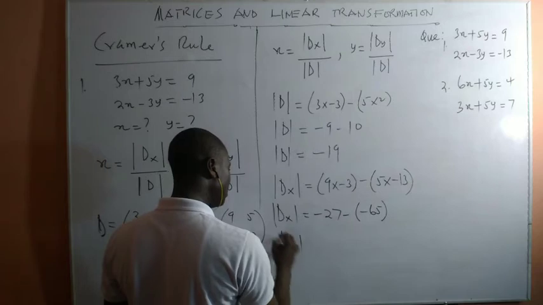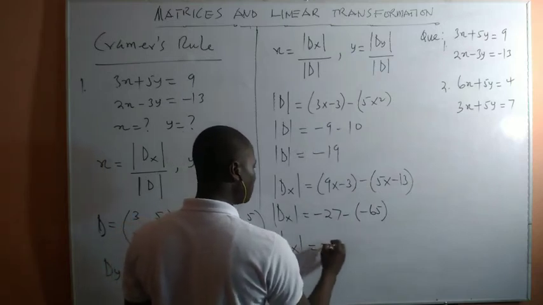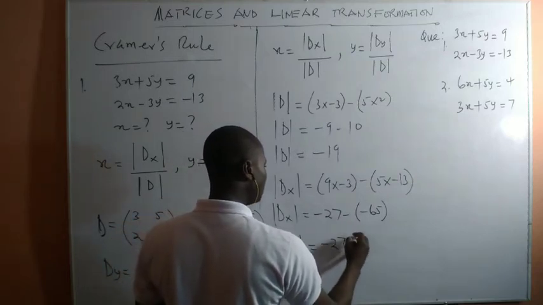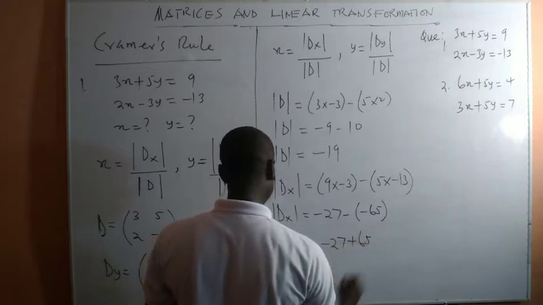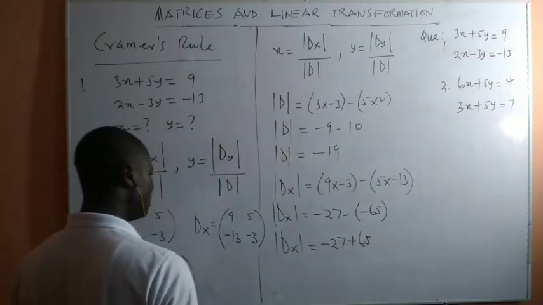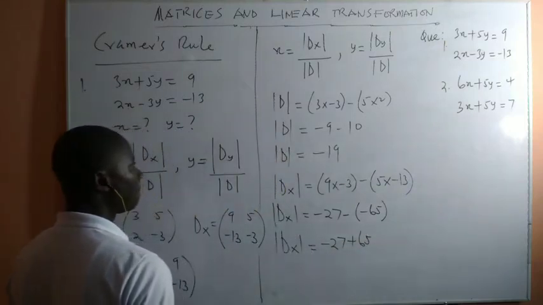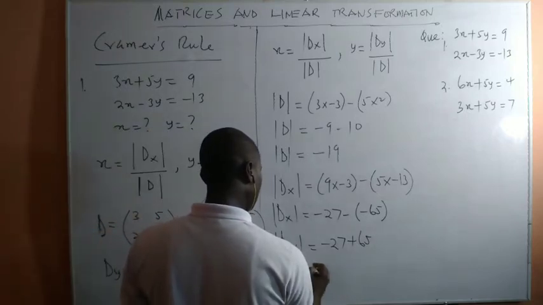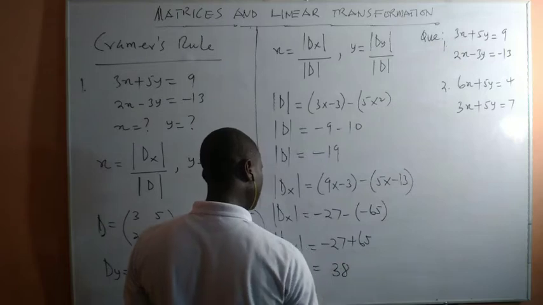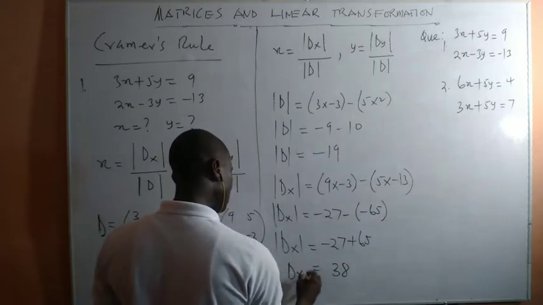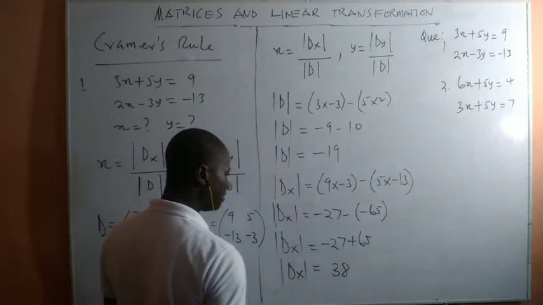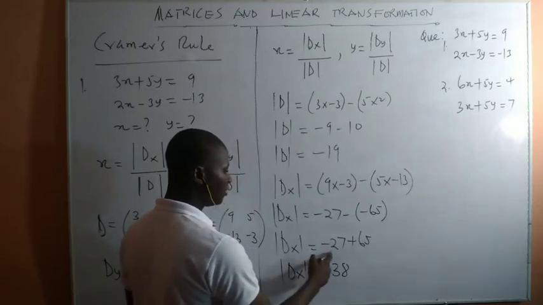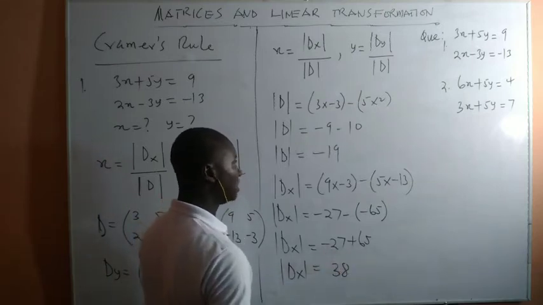So the determinant of the x matrix will be equal to minus 27 plus 65, which is equal to 38.